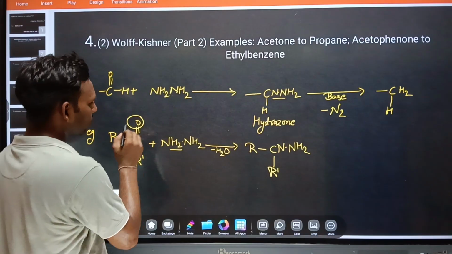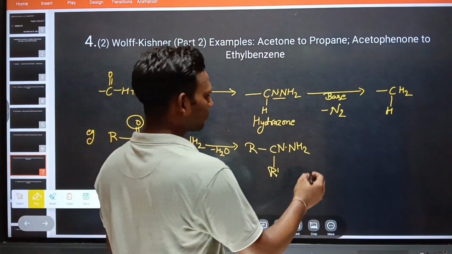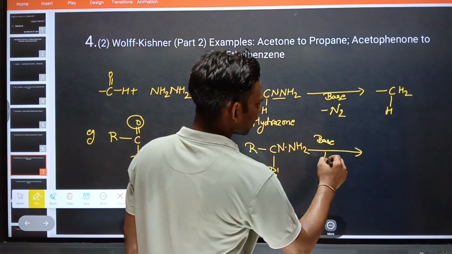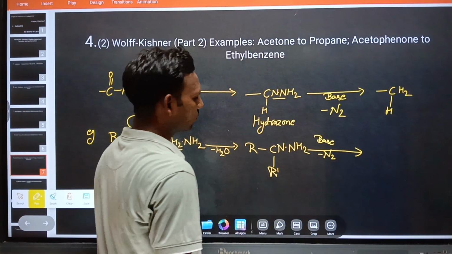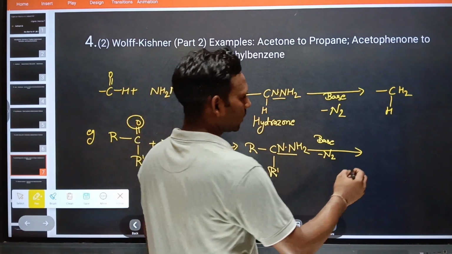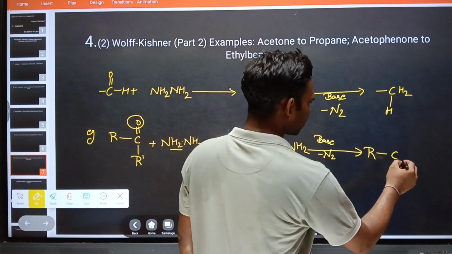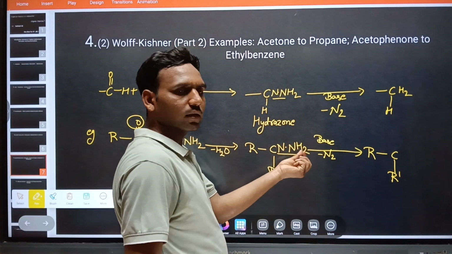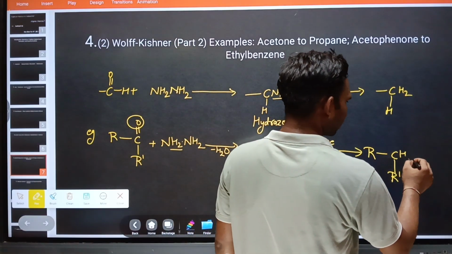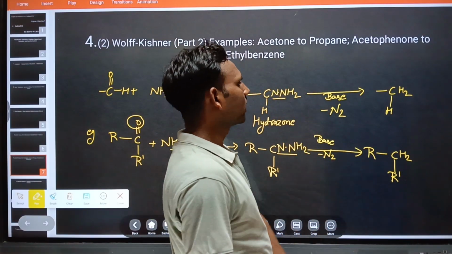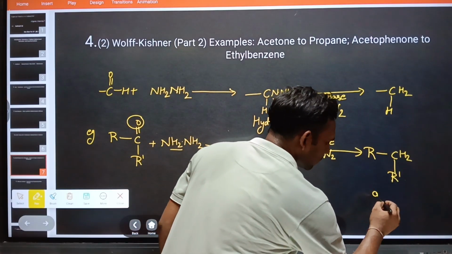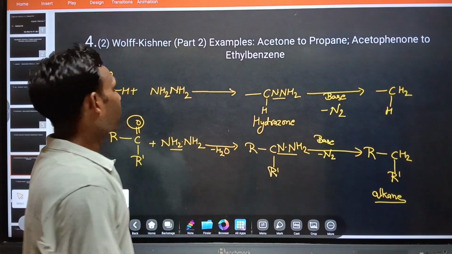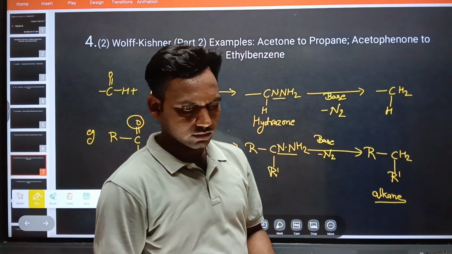Then in the presence of base, N2 molecules are removed. Then R C R dash remains with H2. That's our alkane formed.